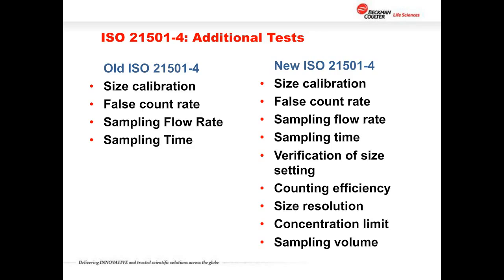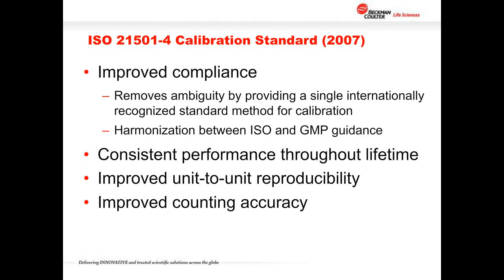So in today's method with 21501-4, we really improve the overall use of the instrument and make that mandatory, so we know we have a good, solid tool to execute the calibration. So we get some consistency, we remove ambiguity between someone doing calibration with method A and someone else doing it with method B. We're basically saying use the 21501.